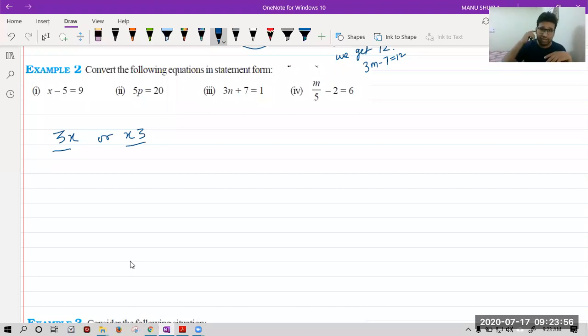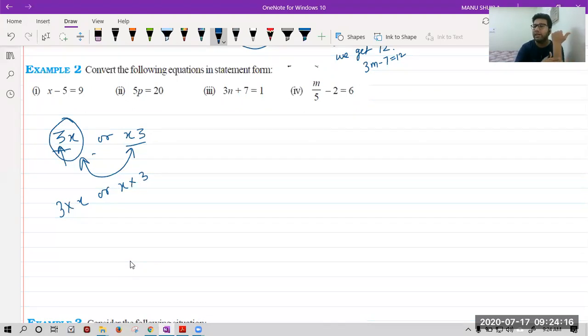Himanshi, they are the same, but we as students don't want to write it like this, because we want the constant to be written first. Although they are the same thing, you write 3 into x or x into 3, because we have studied that multiplication has a property.